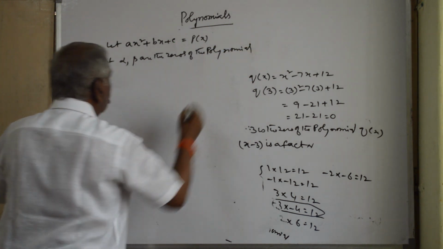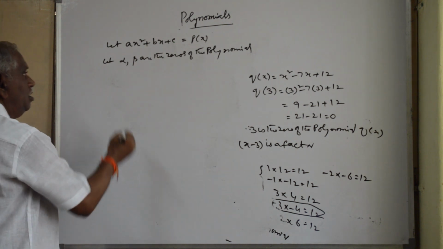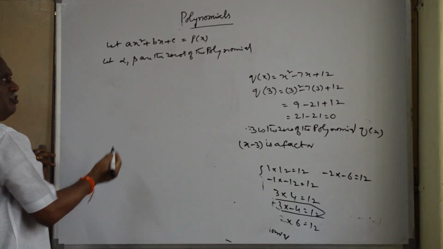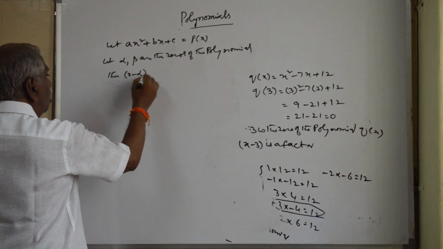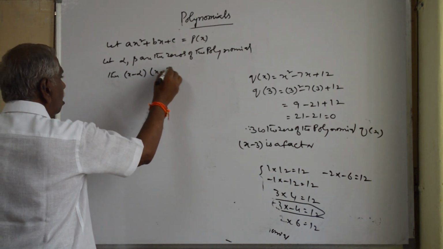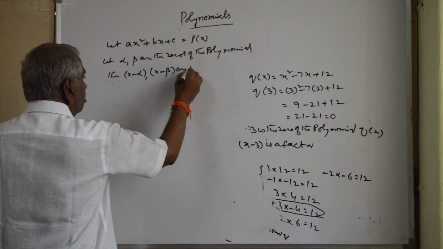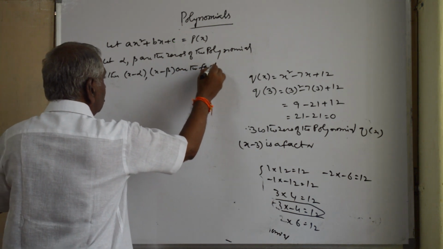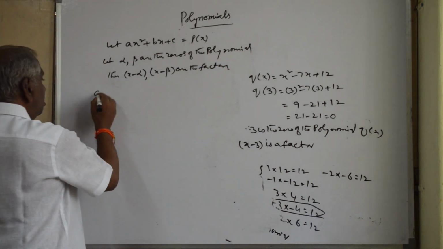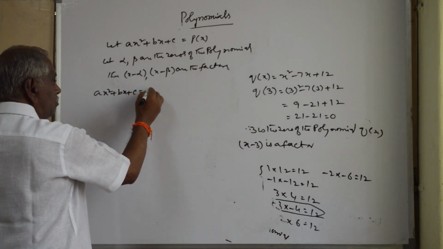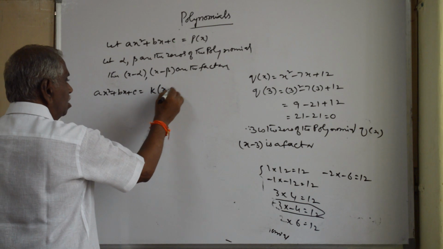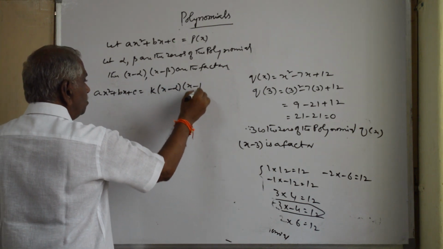Because it is a quadratic polynomial, it has two zeros, alpha and beta. Then x minus alpha and x minus beta are the factors. Now, ax square plus bx plus c is equivalent to some k times x minus alpha into x minus beta.